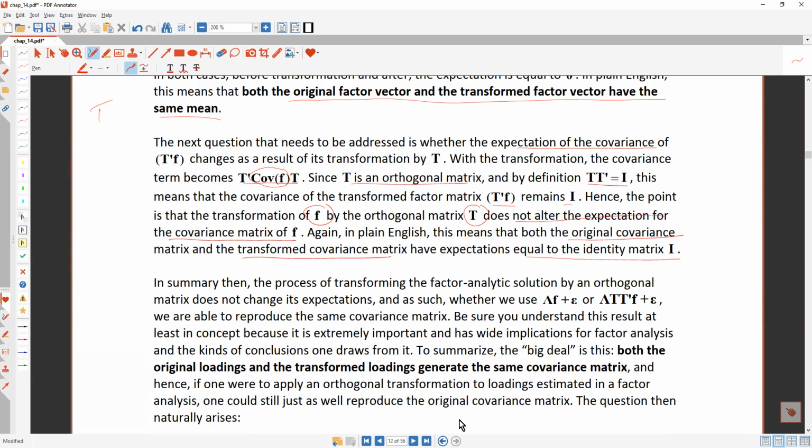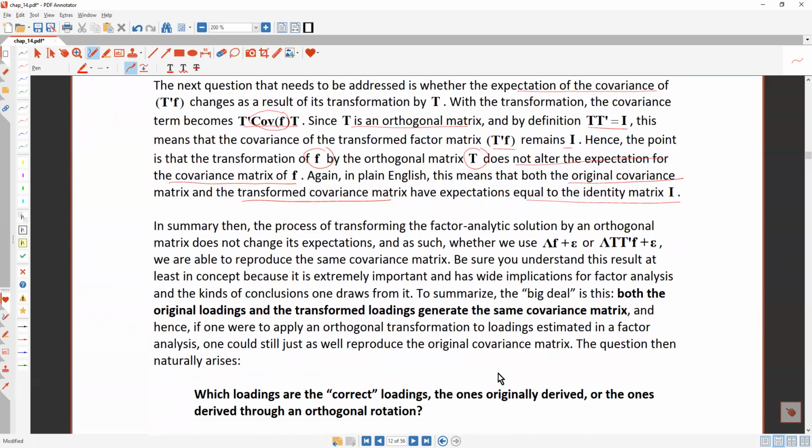So the big picture as to what this means is whether we use this or whether we use this, remember that's the transformation I put in there. We've looked at some of the implications of that transformation up here. Whether you use this or whether you use this, we are able to reproduce the same covariance matrix. So whether you use this original factor model, this is what we first surveyed, or you use this, where you're putting in T, that transformation, you're able to reproduce the same covariance matrix.